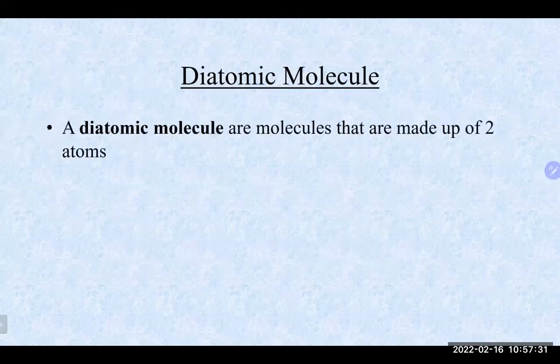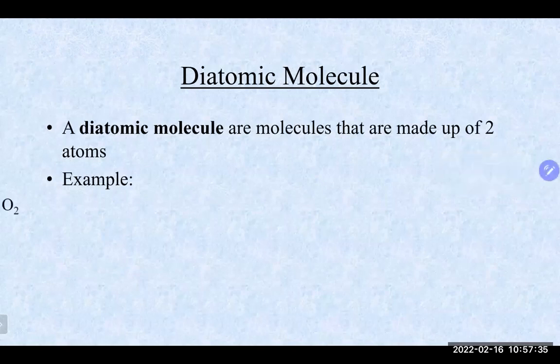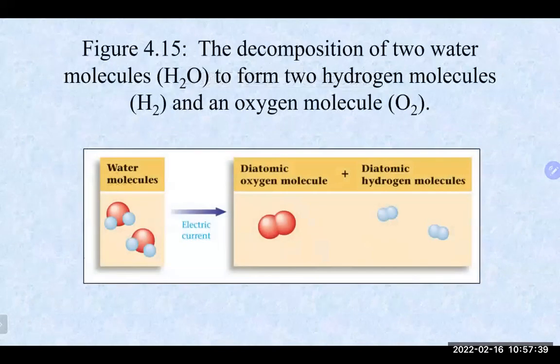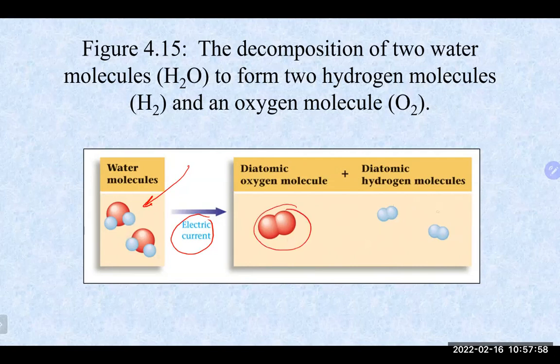And obviously we've touched upon this a number of times up to this point. Again, we have our diatomic molecules, our O2, N2, and F2, and so forth. And that's what we get when we do a chemical change, for example, with water. If you run an electrical current through it, which we will do in a lab coming up, you will break water into its elements, which are oxygen gas and hydrogen gas.